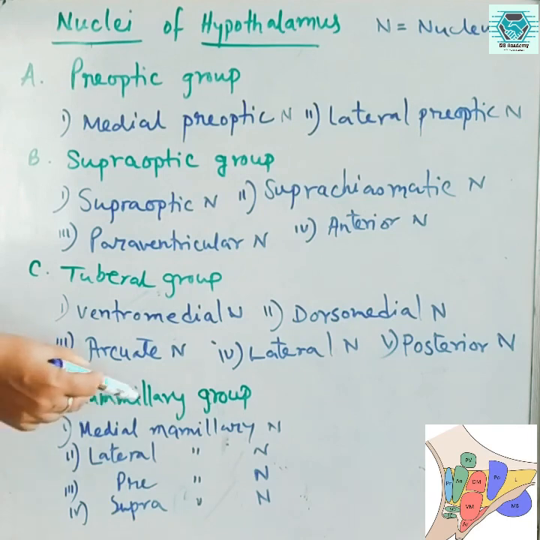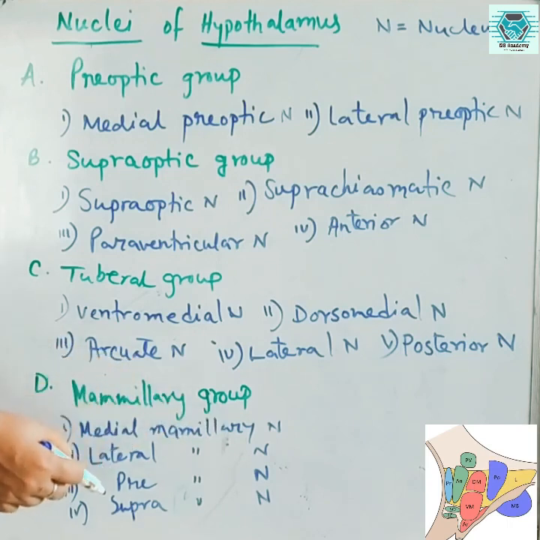And in the mammillary group, there are medial mammillary nuclei, lateral mammillary nuclei, premammillary and supramammillary nuclei. The names of these nuclei, their positions, and their functions are very important regarding the functioning of the hypothalamus.